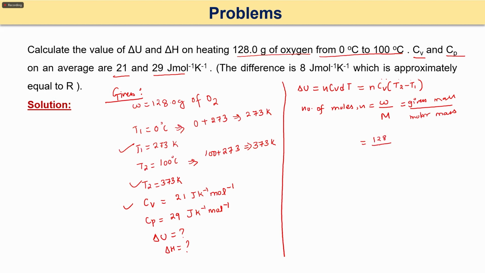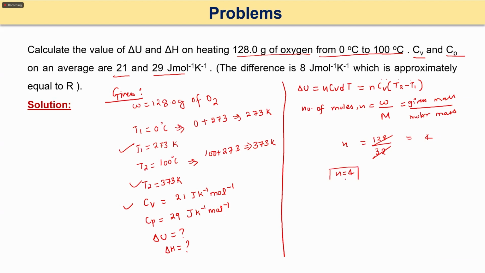What is the molar mass of oxygen? 32. So this will be our number of moles. If we divide, we will get 4. So your n will become 4.